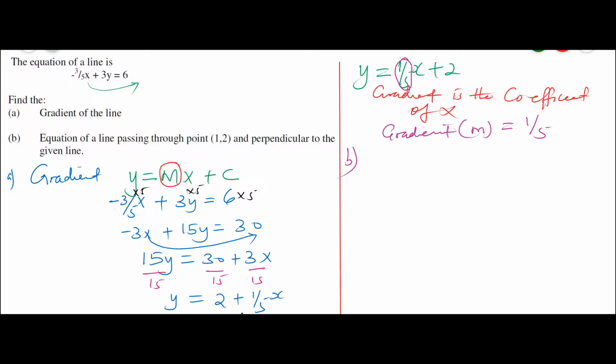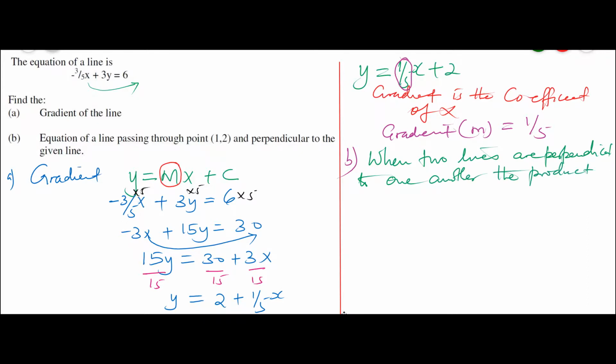So when two lines are perpendicular to one another, the product of their gradient is negative 1.